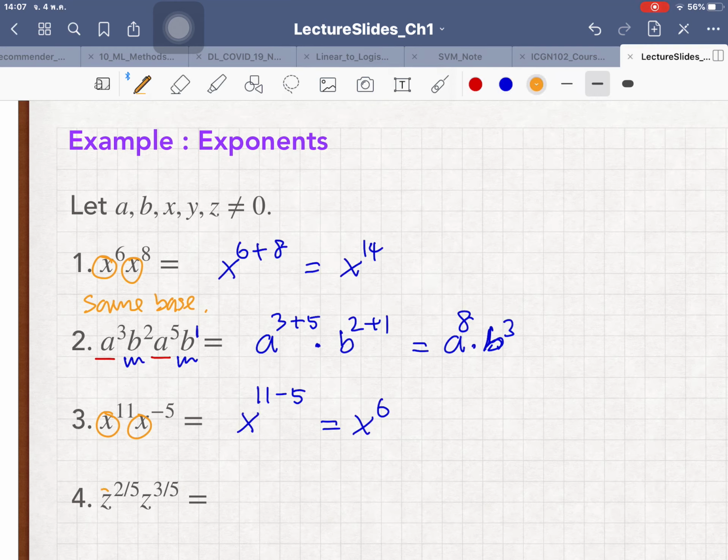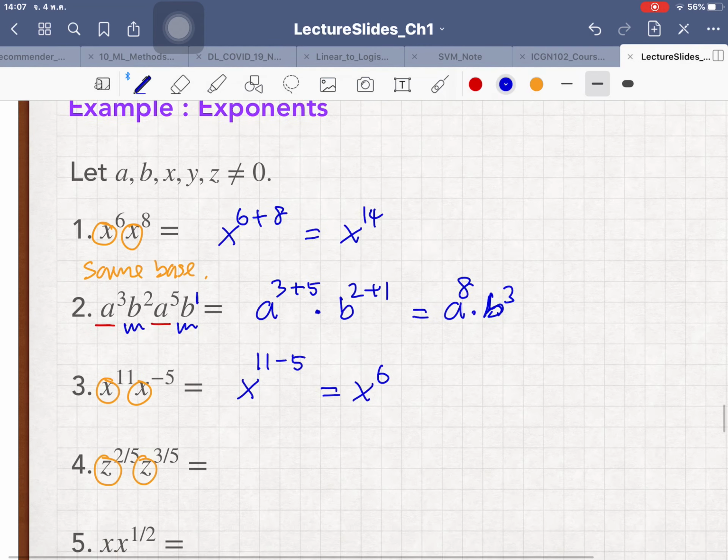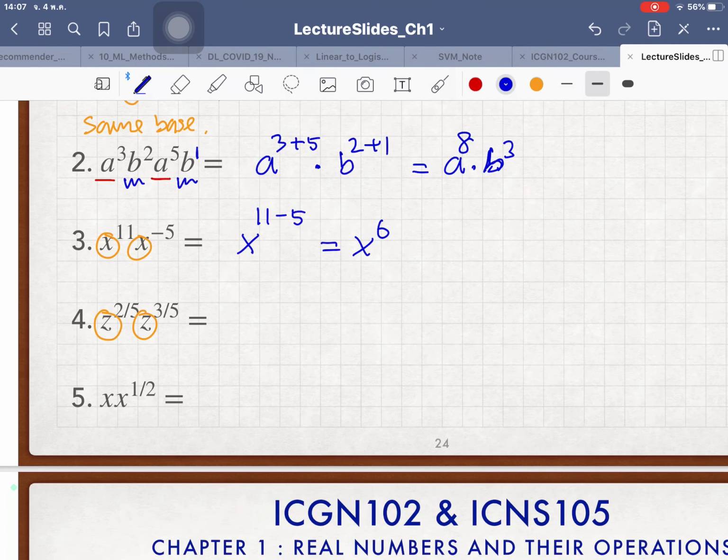In the next example, here again, you have the same base of z, right? So just add up the powers together: 2/5 plus 3/5.